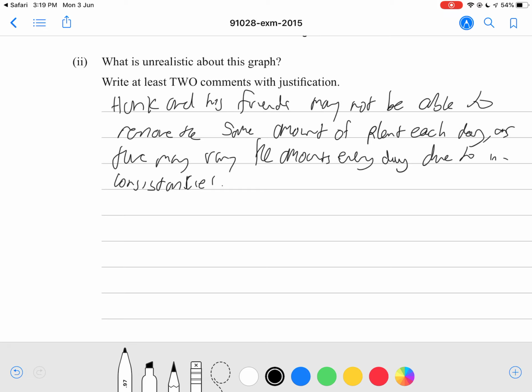Okay, and we're also going to say that the plant may grow back. The plant may also experience some growth during this time.